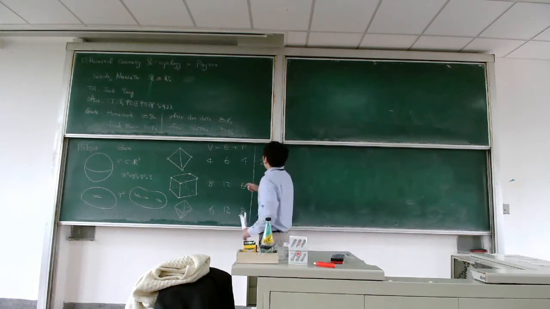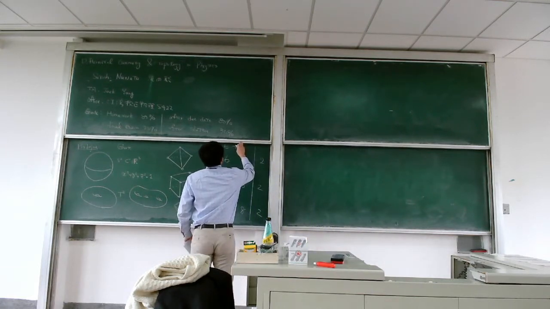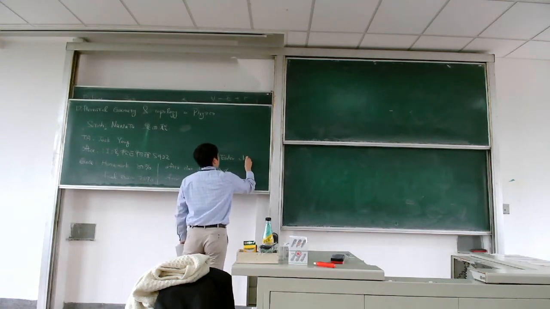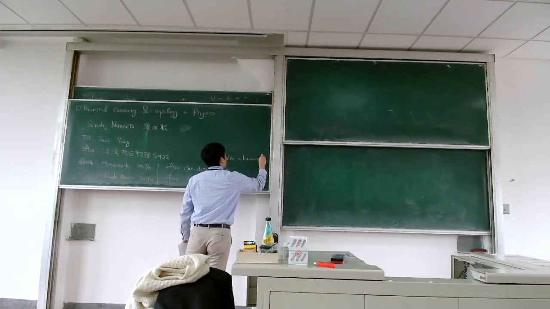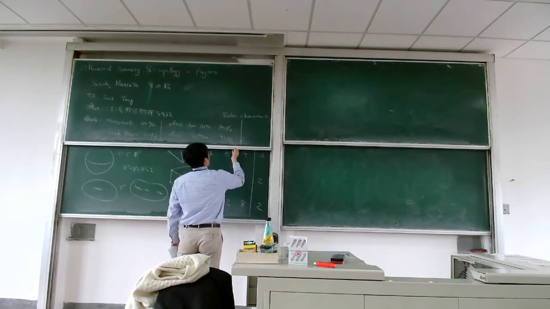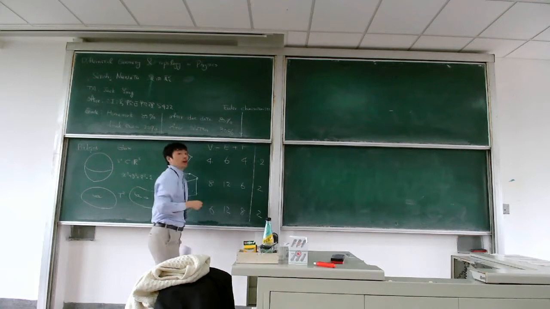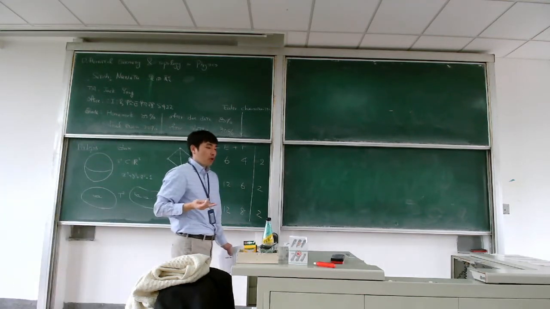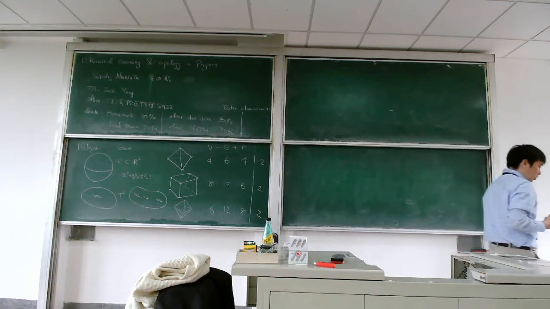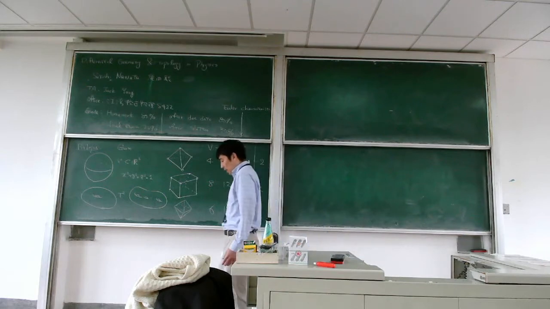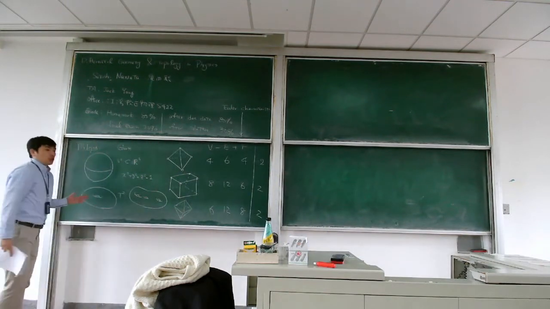This number is called the Euler characteristic. It's the most basic topological invariant, but the most important one, which was introduced by Euler. So this is for a two-dimensional surface.